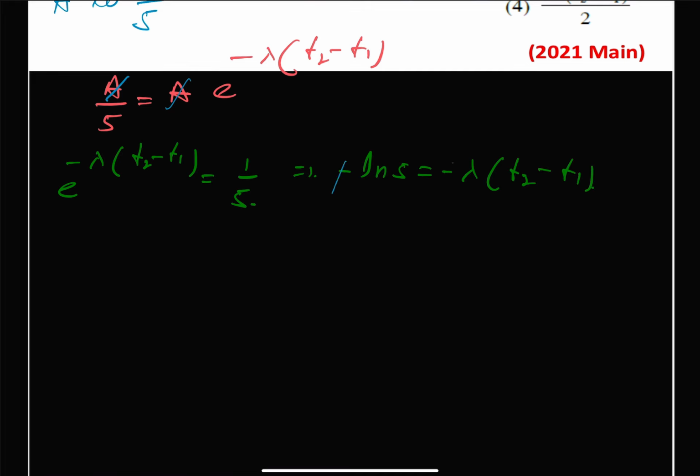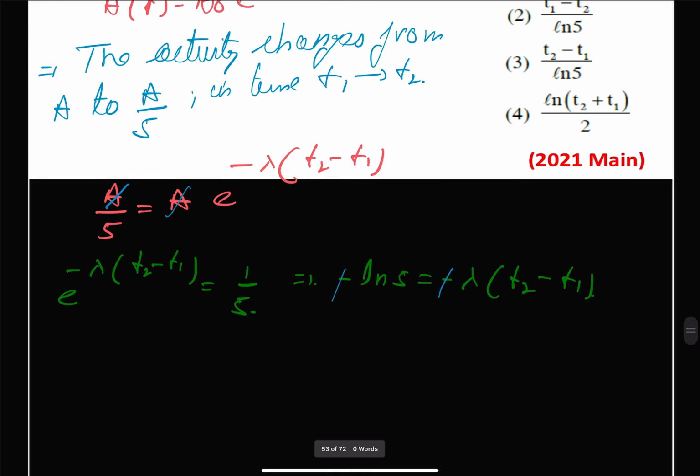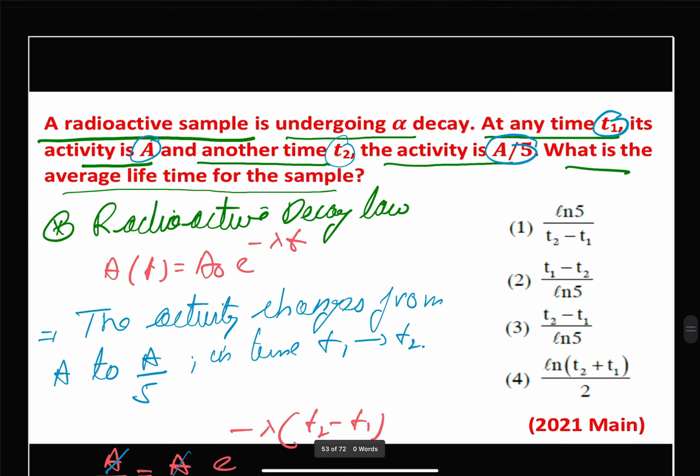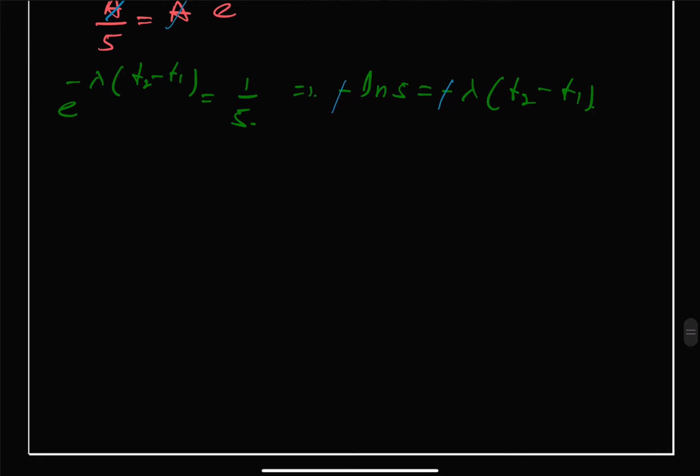Here minus and minus cancel out, and we need to find our average lifetime, so we need lambda.